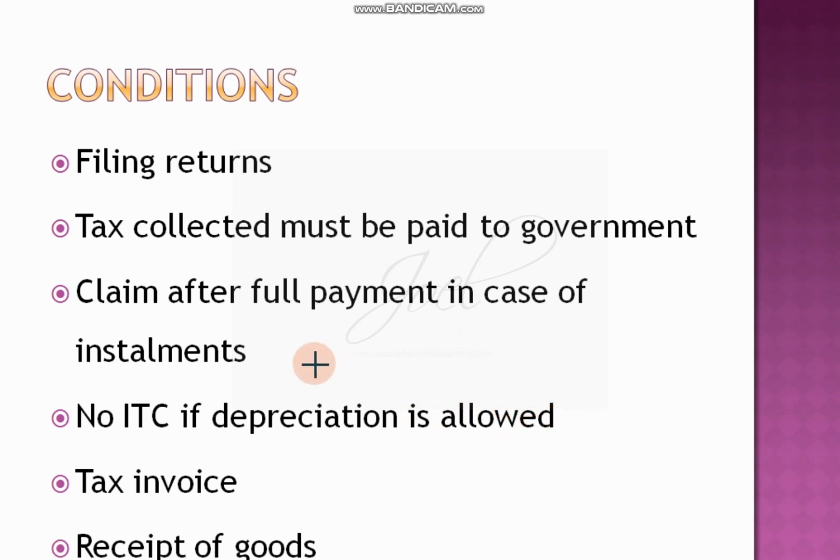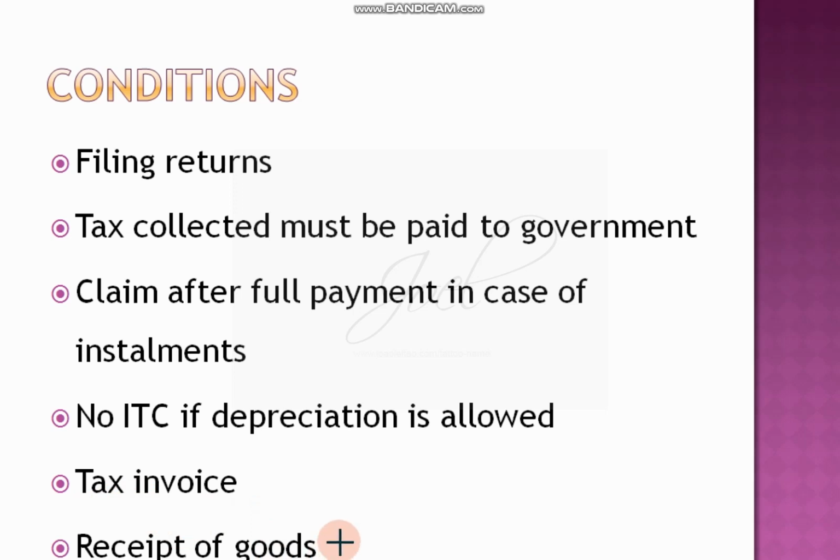On capital products, if you are charging depreciation, there is no input tax credit. If you claim the tax before charging depreciation, then you may get input tax credit. Then tax invoices are a must. A bill of supply is not enough. If you are not preparing a tax invoice and giving it to the customer, there is no document, so you are not getting the input tax credit.